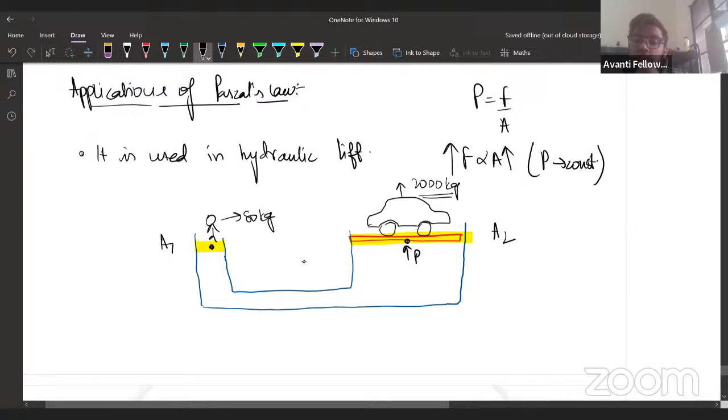Since the pressure is equal, there is a change in area, and due to that, the less force you apply becomes more and more here because the area is more. Hopefully it is clear, right? So what is the equation? Since the pressure is the same, I can say F1/A1 will be equal to F2/A2.